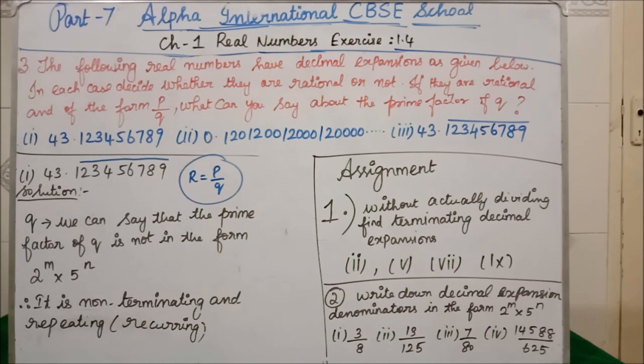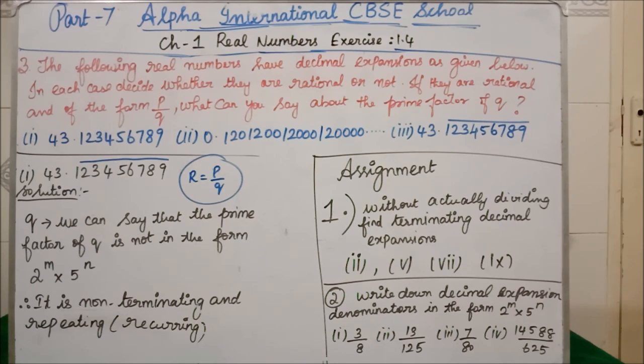The denominator we cannot write in the form 2 power m into 5 power n, isn't it? Therefore, it is non-terminating and the same number is repeating, so it is non-terminating and repeating, otherwise we can say recurring. Clear all of you? Students, with this third subdivision, chapter 1 is fully over.